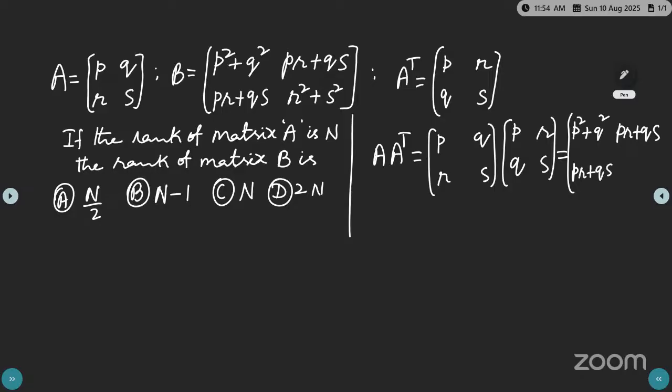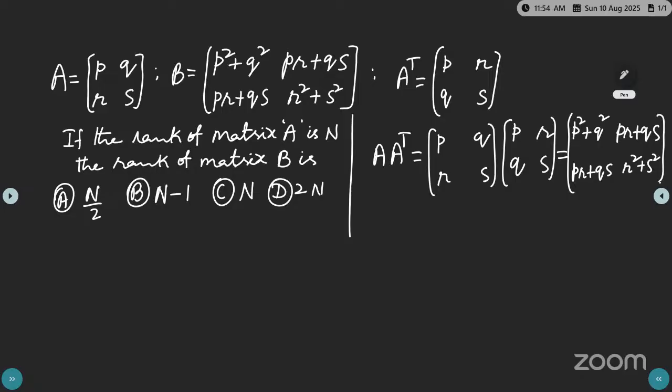Next, R square plus S square. So when A is given, we need to observe whether B is in the form of A square, A cube, or A into A transpose, or A into A inverse, like that. Then you can say what is A into A transpose.